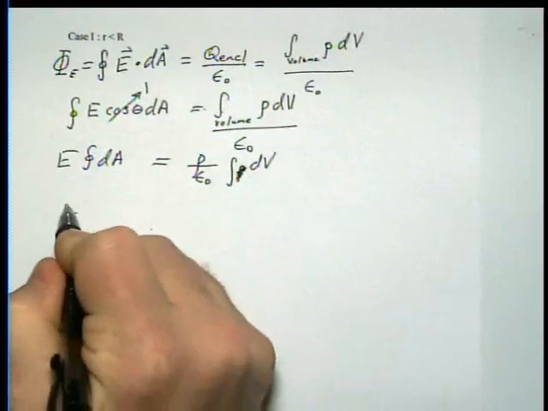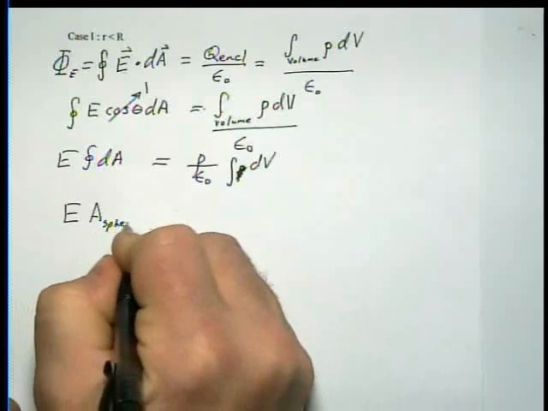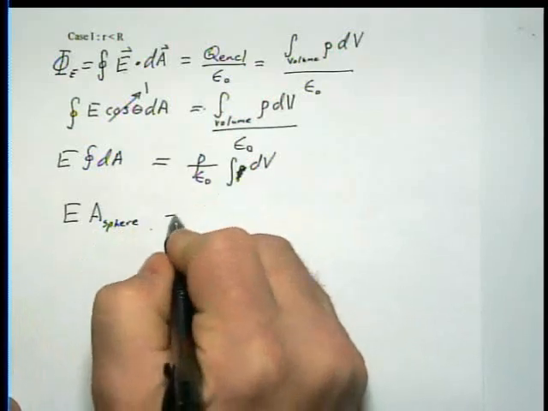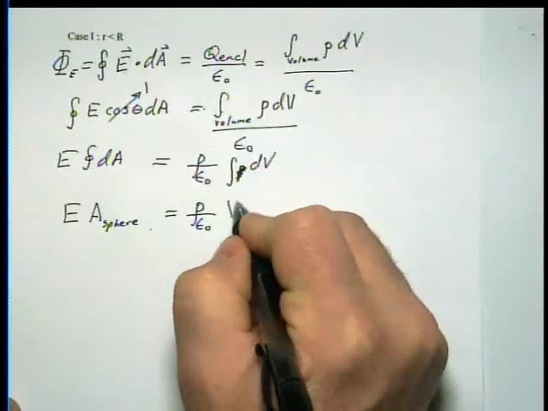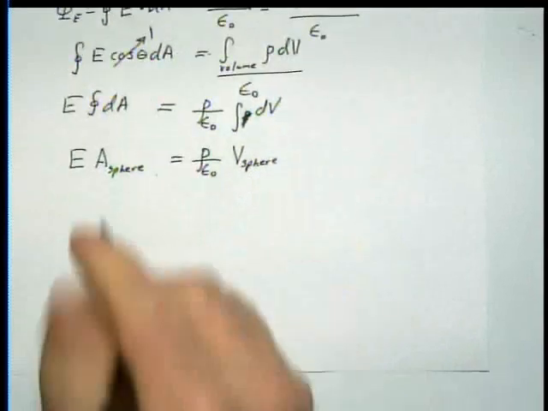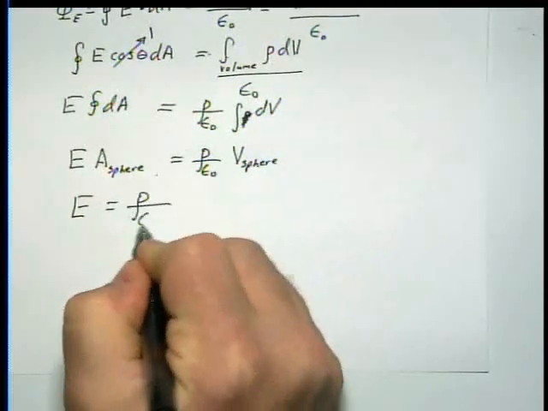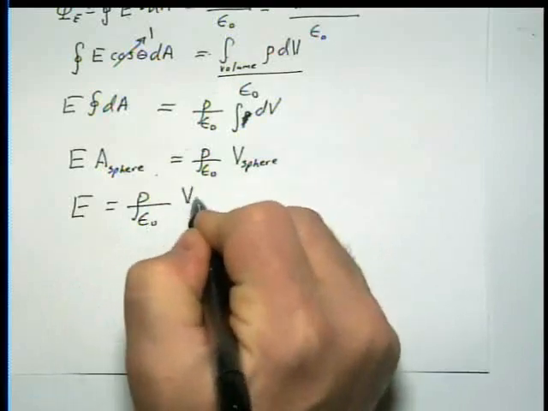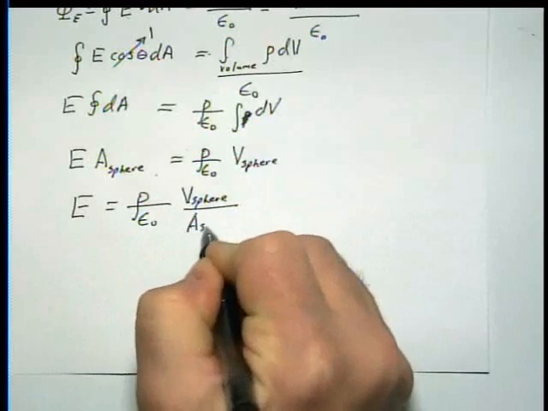This says that the electric field times the area of my sphere is equal to rho over epsilon naught times the volume of my sphere. So the electric field is rho over epsilon naught V sphere over A sphere.